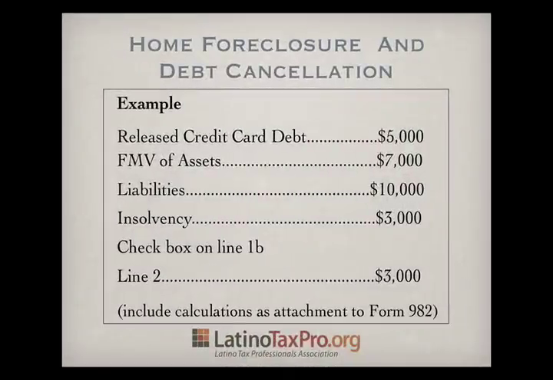Here's an example of cancellation of debt. The released credit card debt is $5,000. The taxpayer's fair market value of his or her assets is $7,000. The taxpayer's liabilities were $10,000. As you can see, since the liabilities exceed the fair market value of assets by $3,000, the taxpayer is insolvent by $3,000.